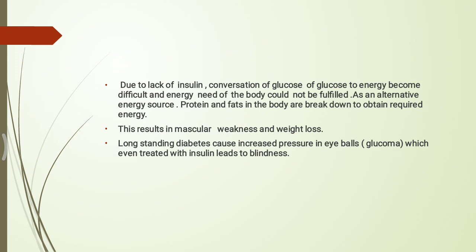Next, due to lack of insulin. Diabetes is due to deficiency and resistance of insulin, the main cause of diabetes. Due to lack of insulin, conversion of glucose to energy becomes difficult, and the energy need of the body could not be fulfilled.